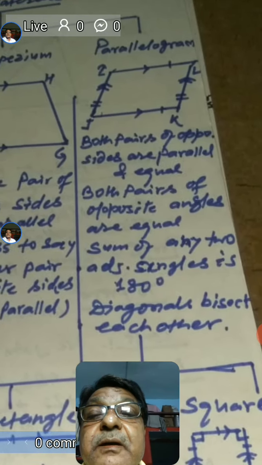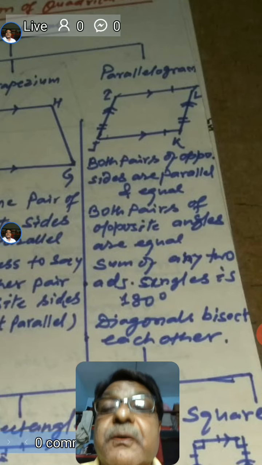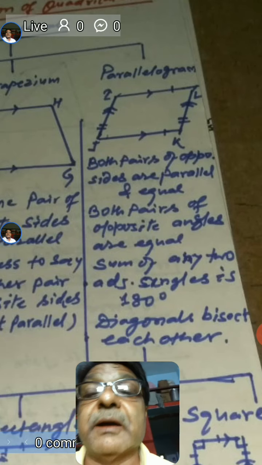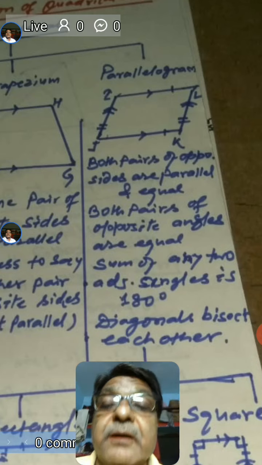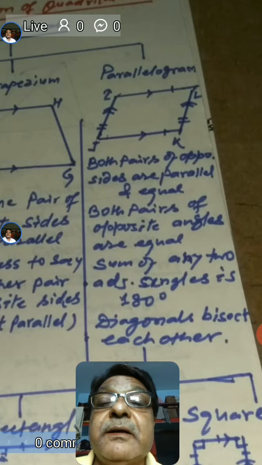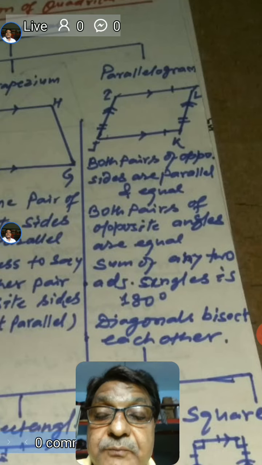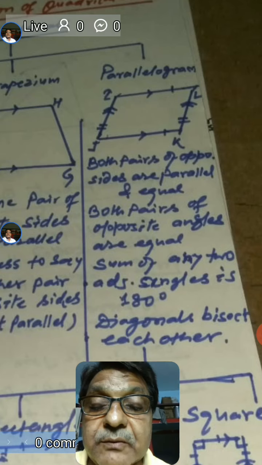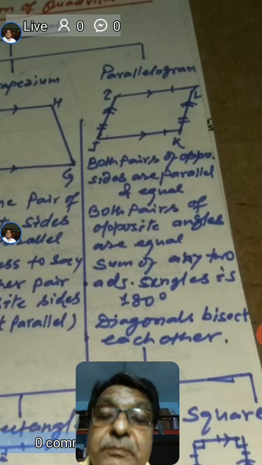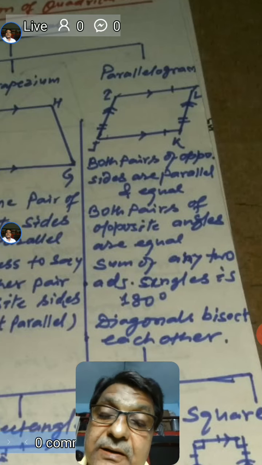And another very important category of quadrilateral is called parallelogram, where in case of this type of quadrilateral, both pairs of opposite sides are parallel.